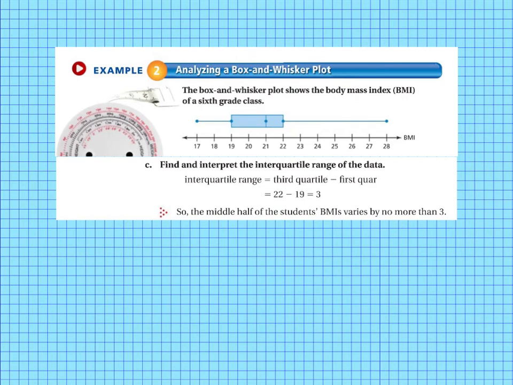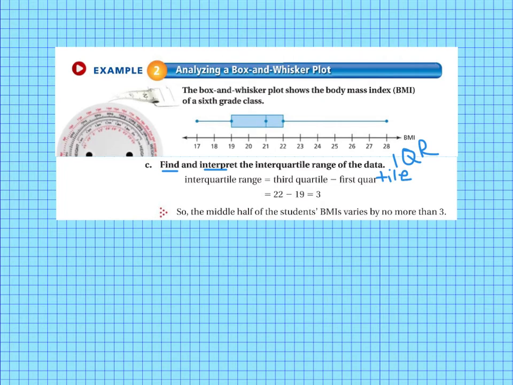Looking at example 2C, it's the same box and whisker plot as we had before, and we are asked to find and interpret the interquartile range, the IQR, of our data. And we remember that the IQR equals the third quartile minus the first quartile.